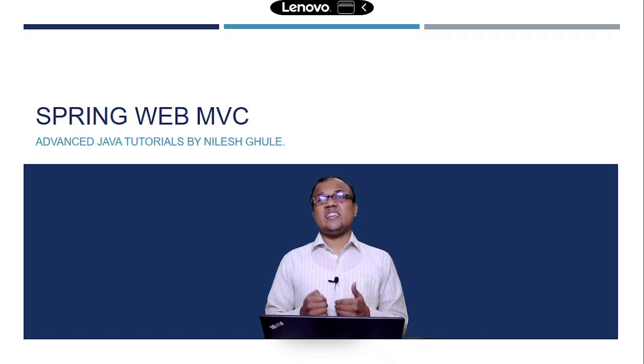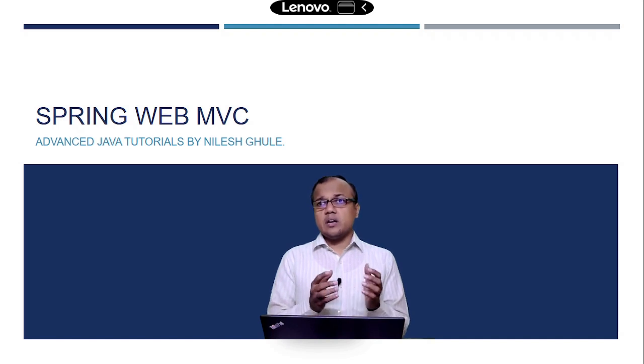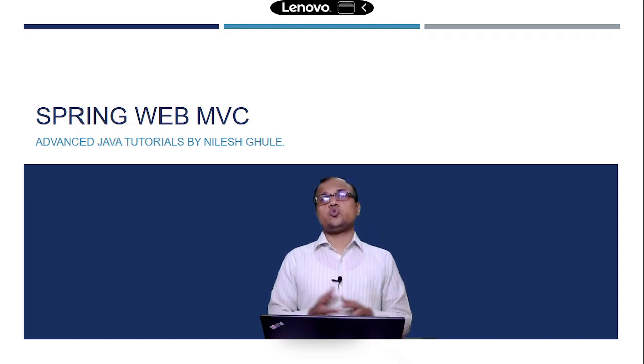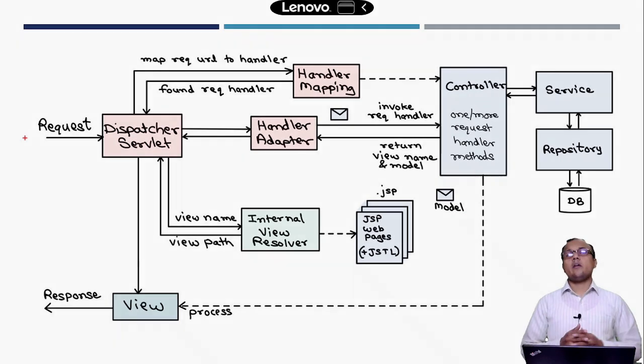Controller object is responsible for server-side execution, which includes executing business logic, navigating to another view, and so on. In Spring Web MVC, view can be simple JSP web pages, or you may consider using Thymeleaf, FreeMarker, or Velocity templates.